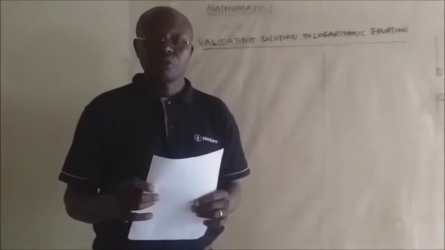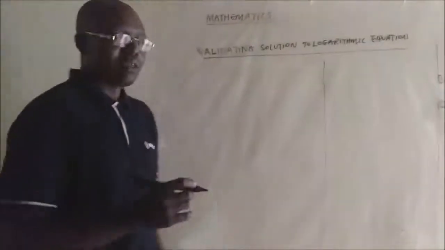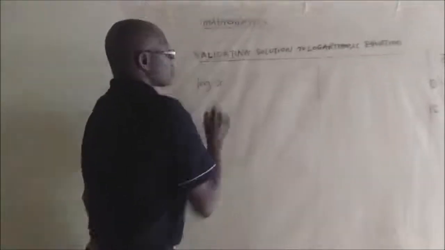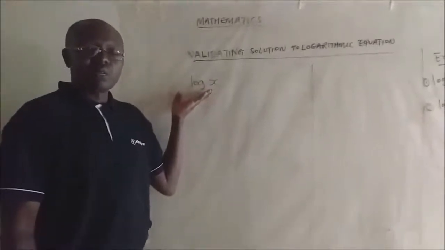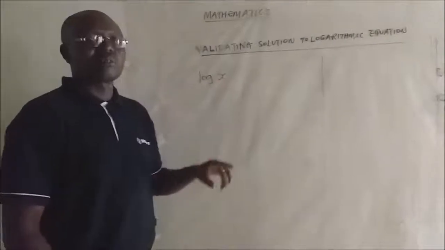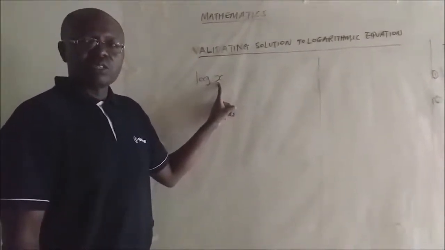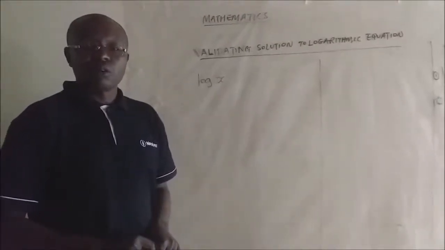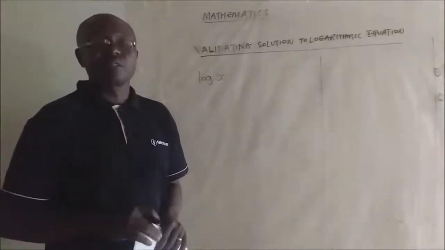But before we begin, let us consider log x. When we have a logarithmic expression such as this, x is called the argument of the log. Log must always have an argument.